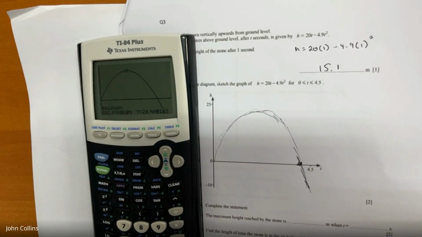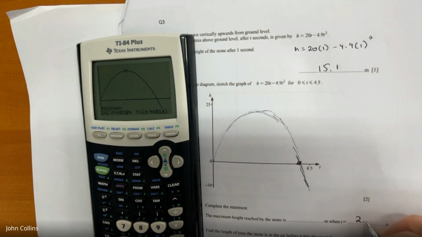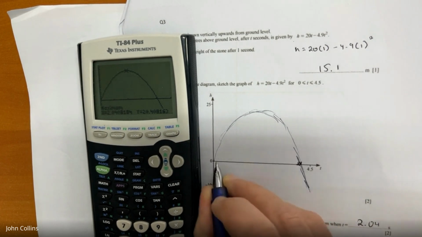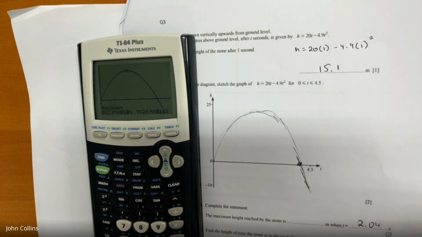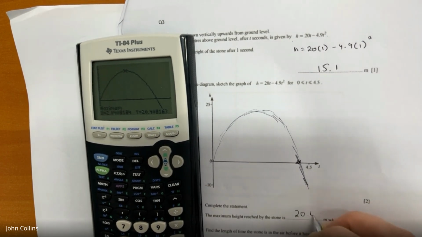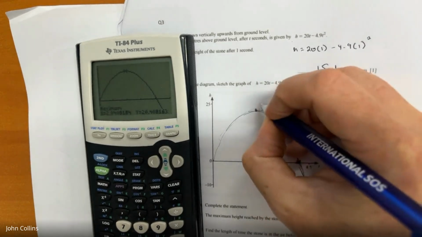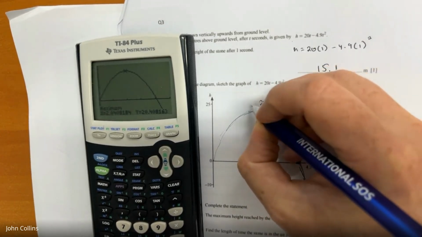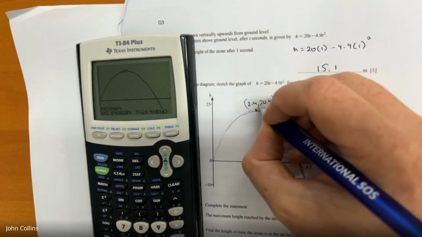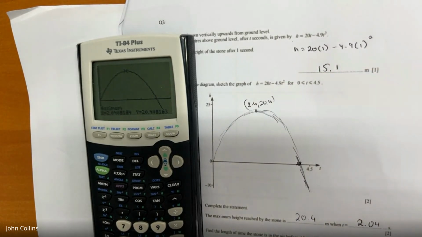Yeah, 3 significant figures. So the time is going to be 2.04. The time is this axis, the x-axis, and 20.4. So we know that this highest point here is 20.4 and 2.04. That's the maximum. You should probably, if you have the information, put it on the graph.